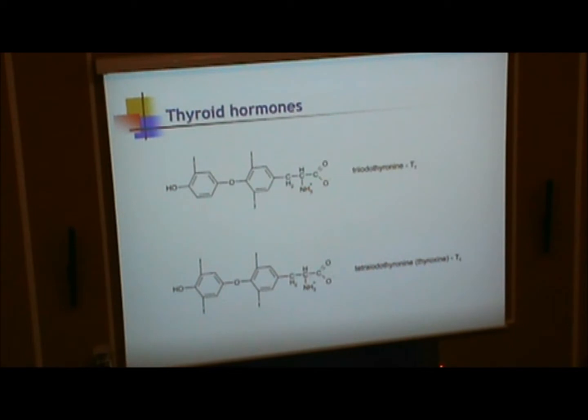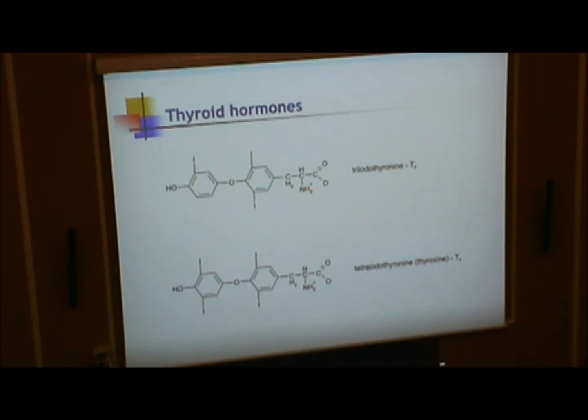triiodothyronine, T3, and tetraiodothyronine, or thyroxine, T4. This is T3, this is T4. Please look here, here, here, and here. Here is an iodine atom.